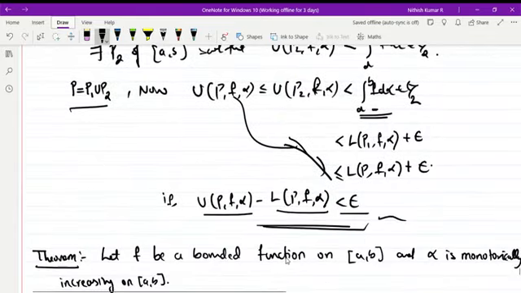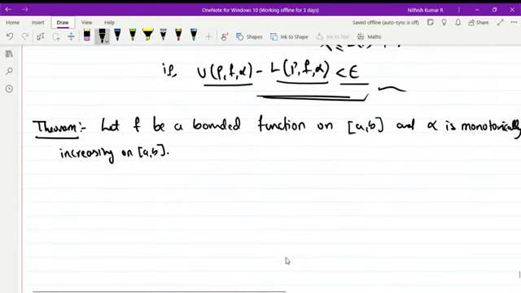Now, f is a bounded function on the closed interval a comma b and alpha is monotonically increasing on the closed interval a comma b. There are three results.